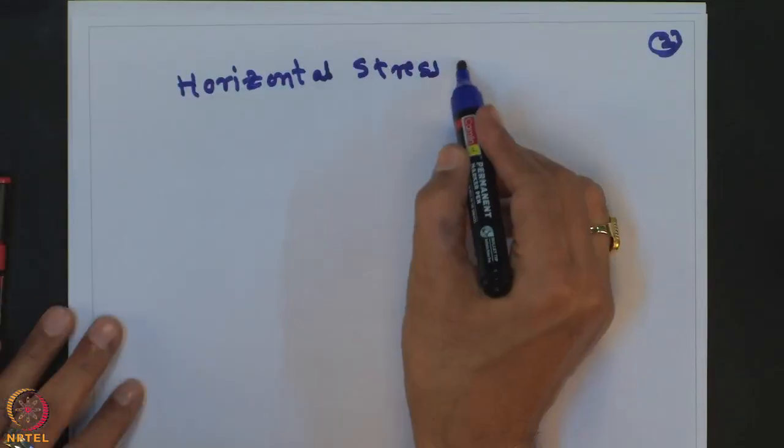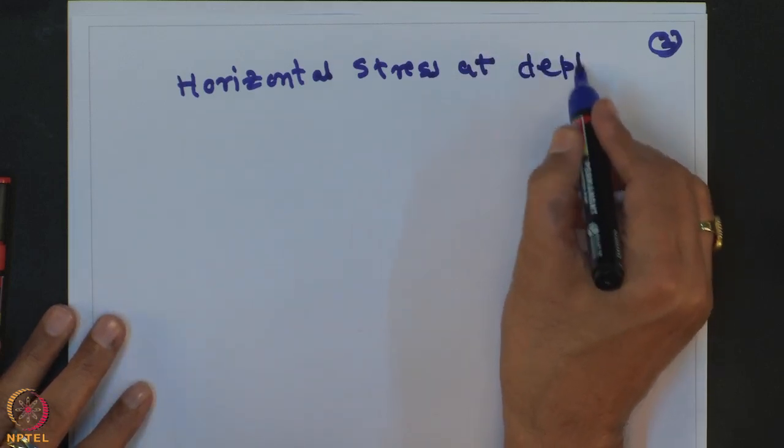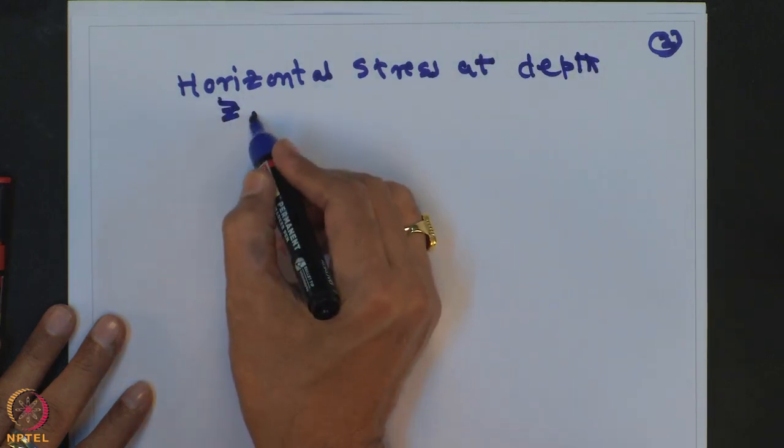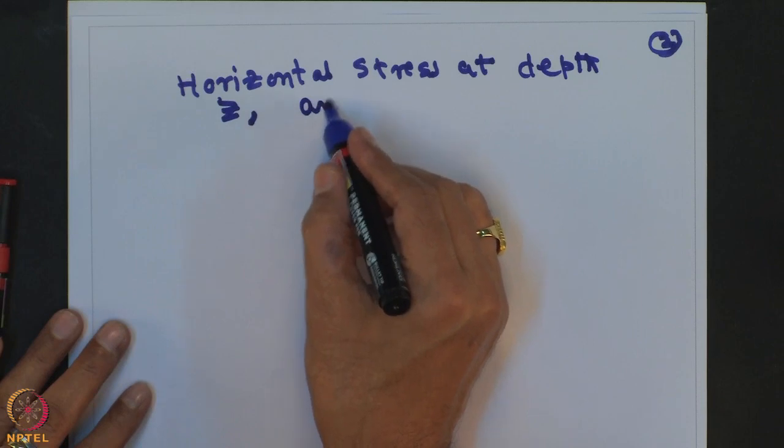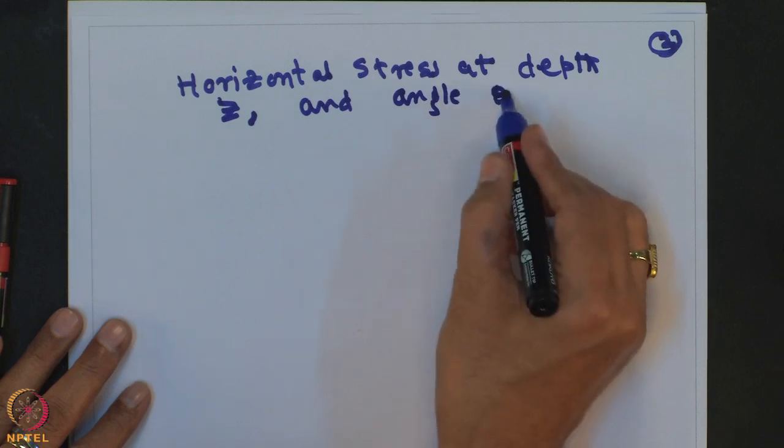Now, depending upon the depth of the soil at which the geotextile is placed from the force applied, you can determine what should be the horizontal stress at depth, let us say Z, at an angle, let us say theta.